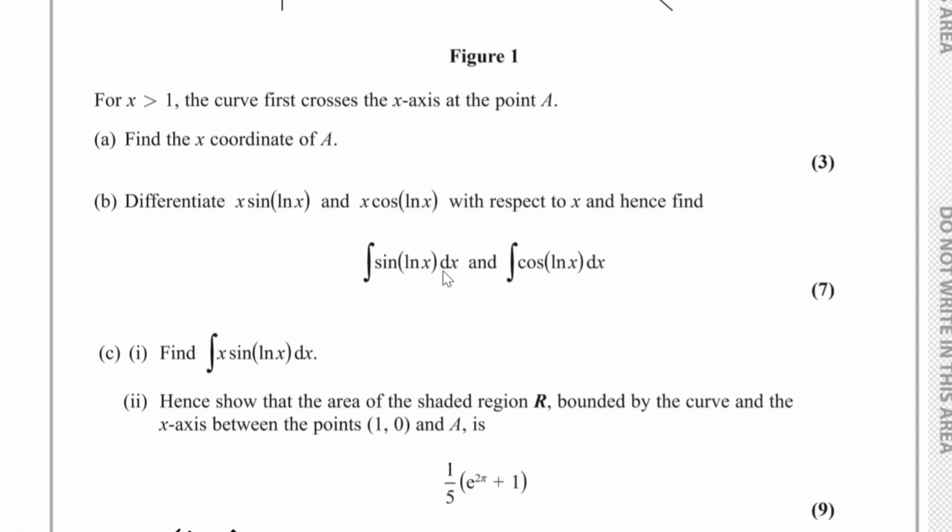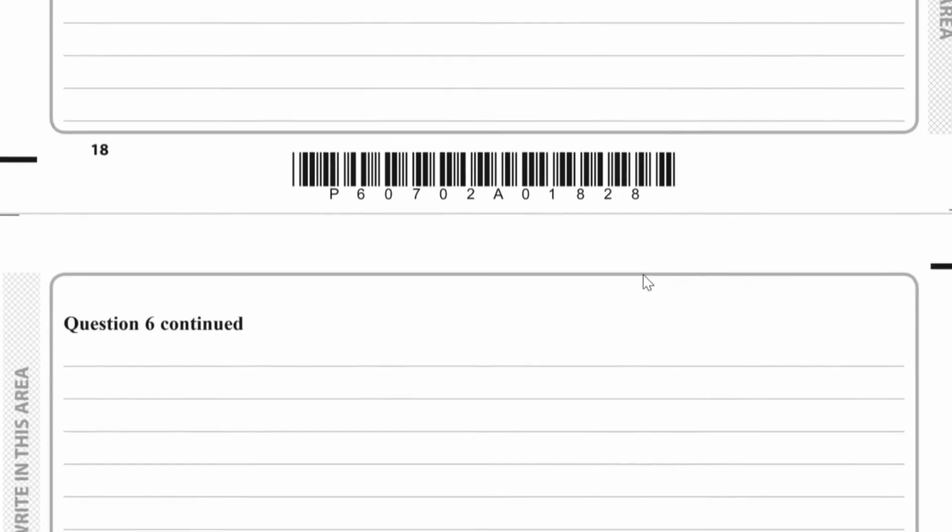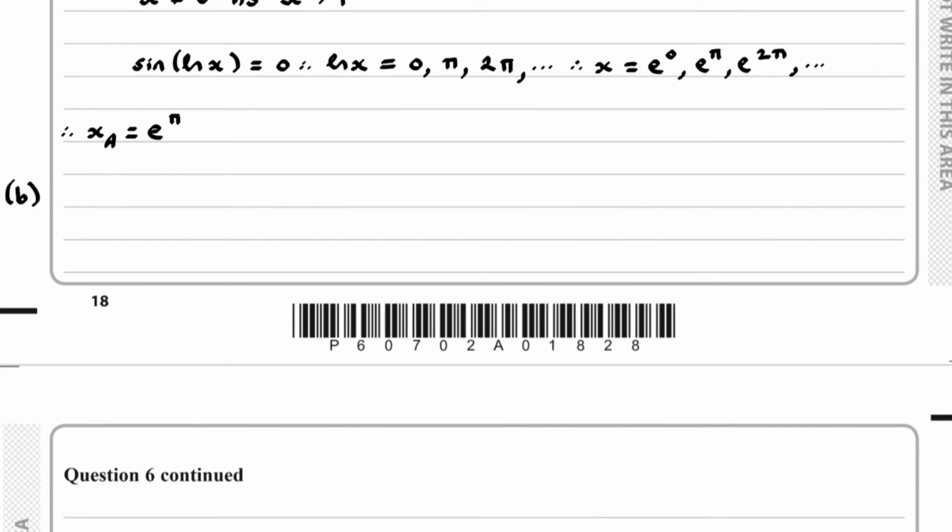For part B of the question, you have to differentiate x times the sine of the natural log of x and x times the cos of the natural log of x with respect to x, and then find the integral of sine of the natural log of x and the integral of cos of the natural log of x. Well, for this part, let's think about y equals x times the sine of the natural log of x.